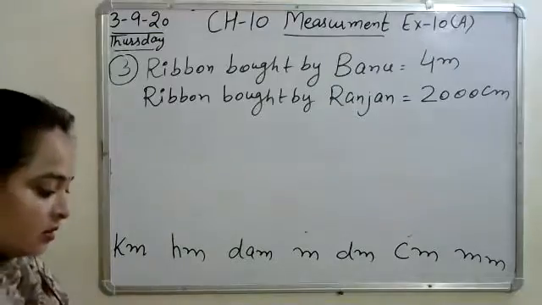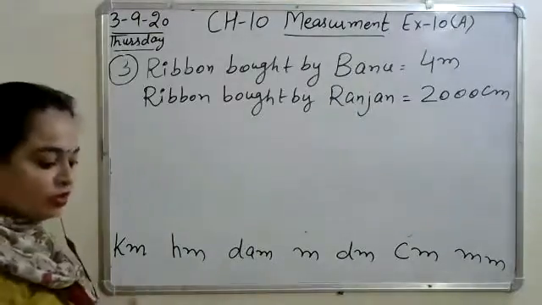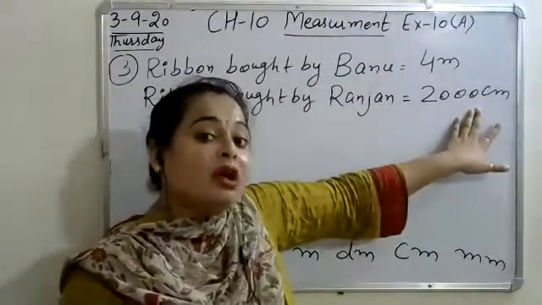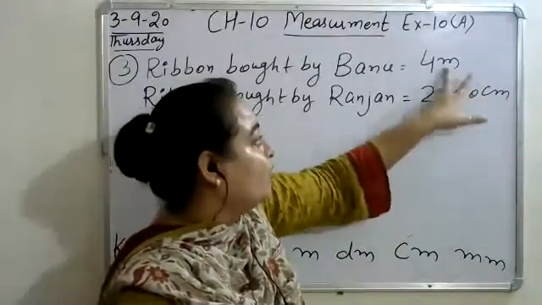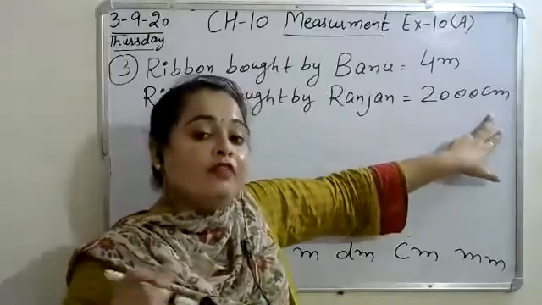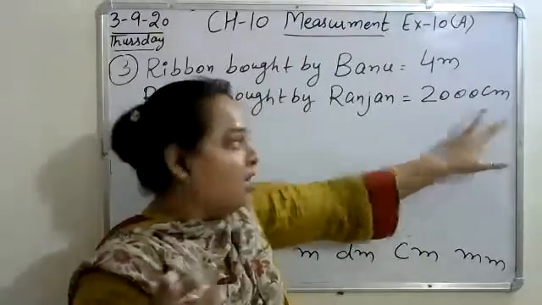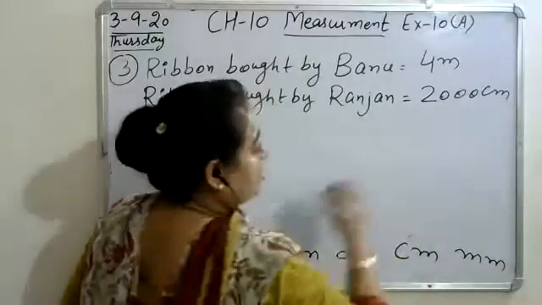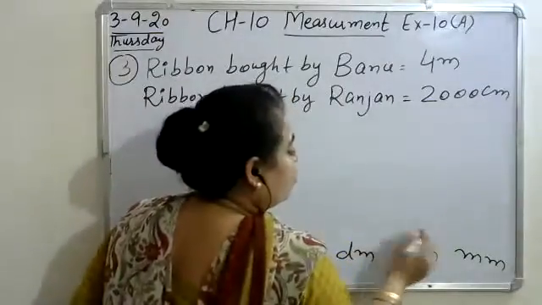Very good, Mehak. Yes, convert. Good response from Mehak. Yes, we are not able to solve the sum with two different units. First of all, we will make the units same. Now, 2000 centimeter. Centimeter, it means you are here.